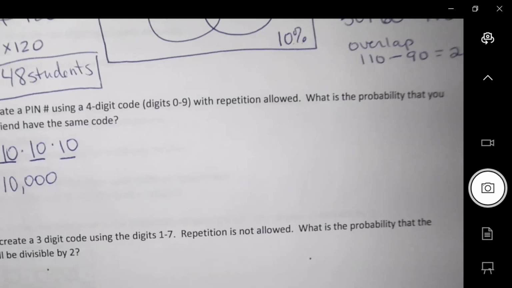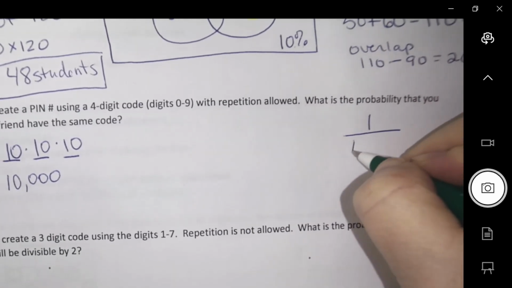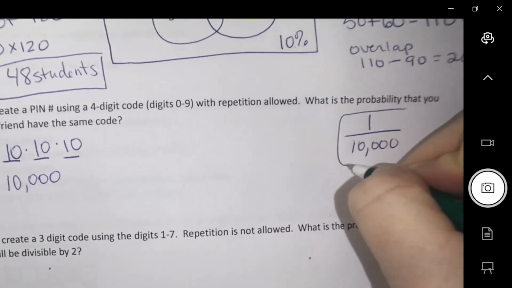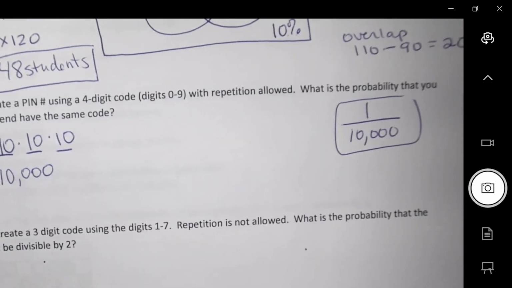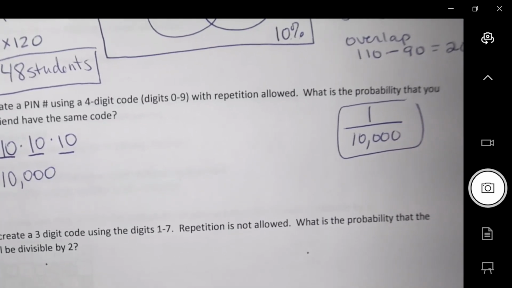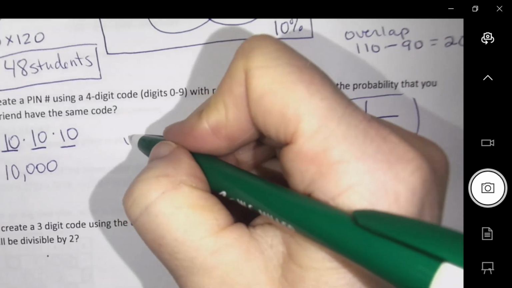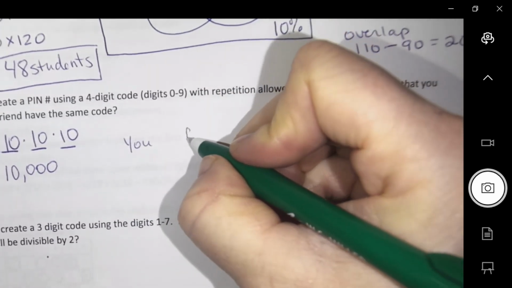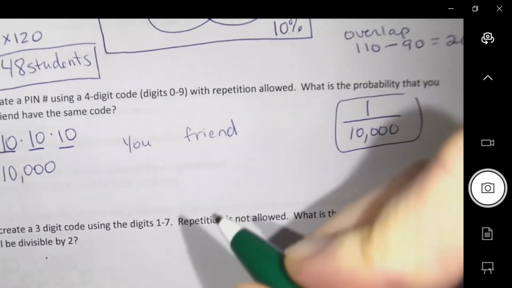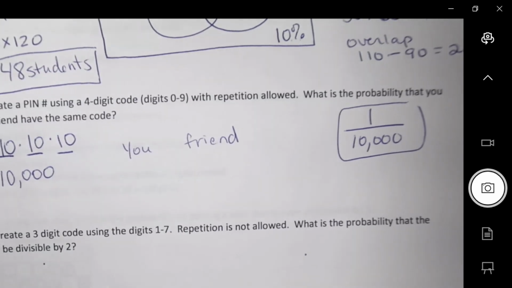So there is going to be a 1 out of 10,000 probability that you and a friend have the same. Okay? If that's hard to think about, I'm going to talk about it a little bit differently. So basically, you could pick anything.